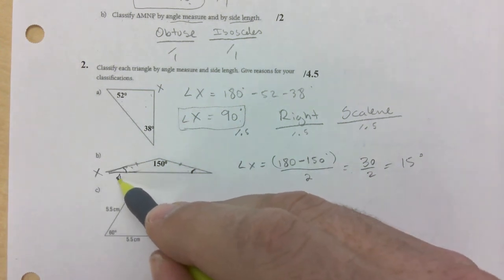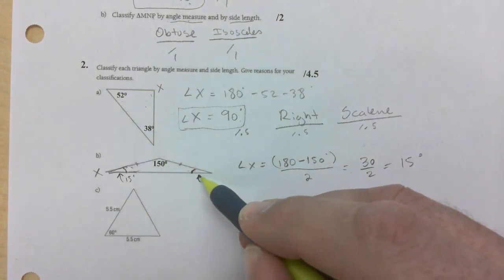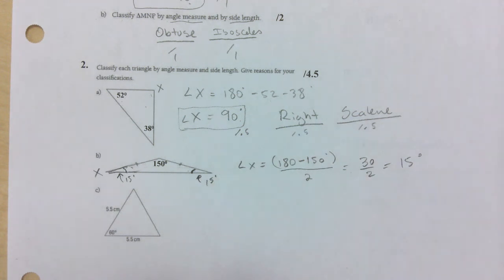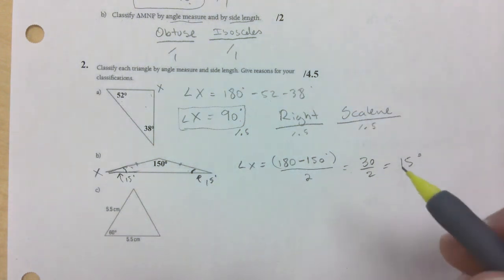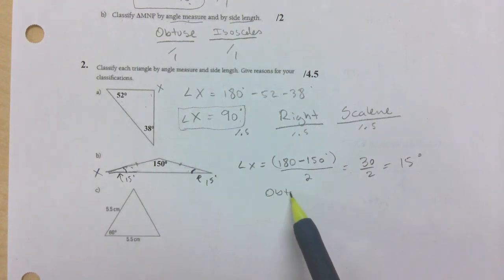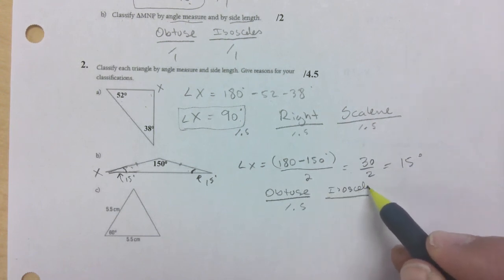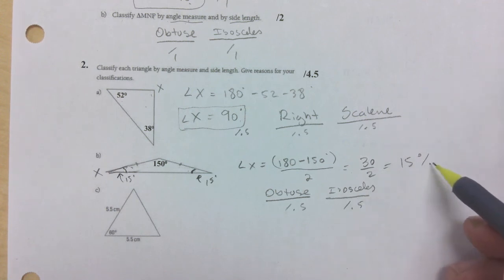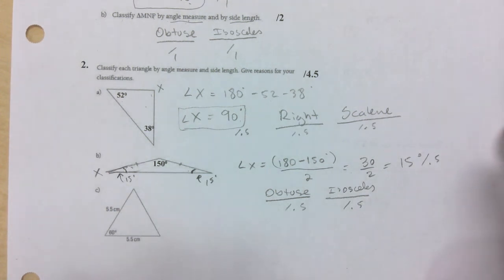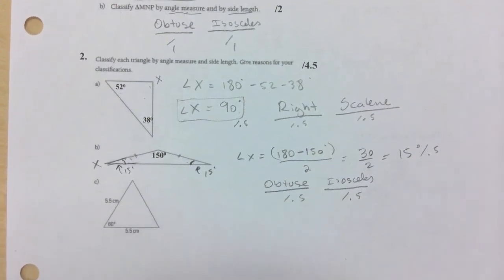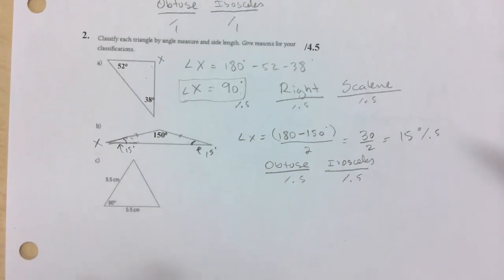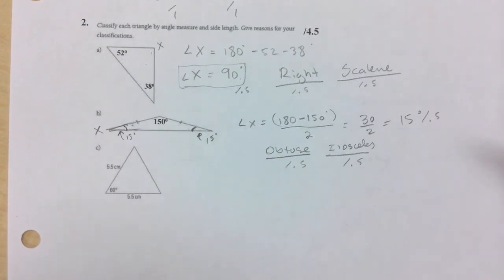So we know that this is 15 here, and this is 15 as well. Okay, so we have obtuse, that'd be half a mark, and we have isosceles, half mark as well, and you get half a mark for calculating that 15-degree angle. If you didn't calculate this and you just guessed, you lose the half mark for not calculating. So you just get 1 out of 1.5.